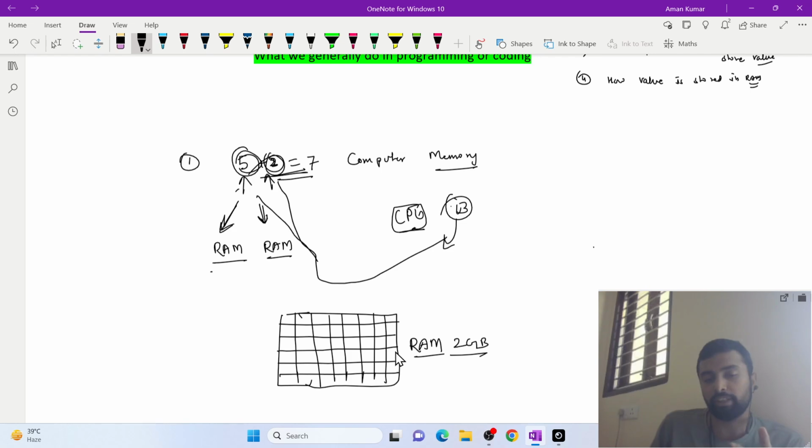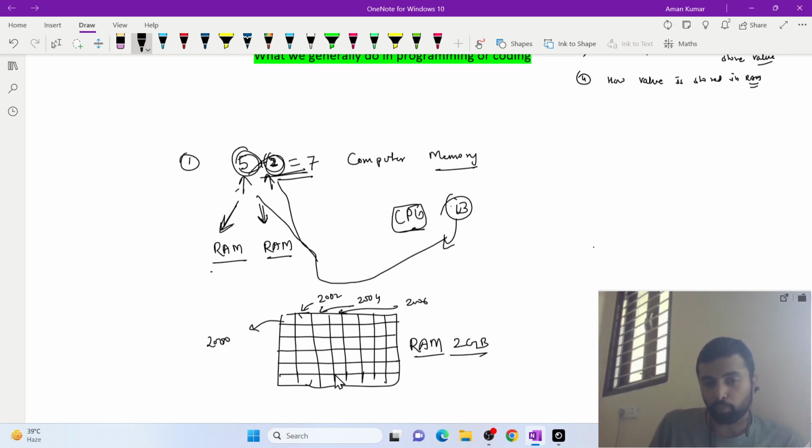Let's say this is 2 GB RAM. This location could be 2000, this location could be 2002, this location could be 2004. Of course, there will be a sequence by memory location. Memory location is the address, in physical memory even. And this could also be 2006. I hope you are getting my point.